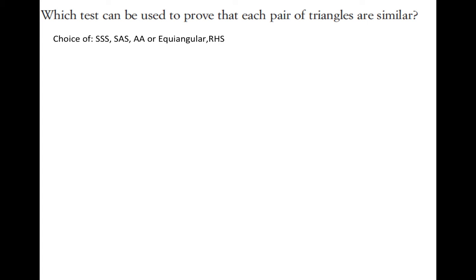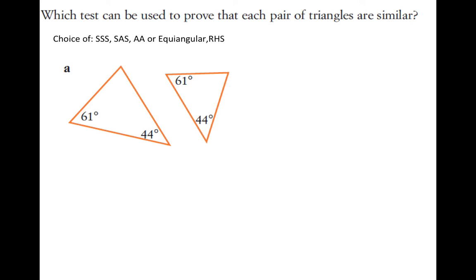When we're looking at which tests can be used to prove that each pair of triangles are similar, this is how you would actually see it in an exam situation or in the textbook as questions. And you have the choices of 4: side, side, side, side angle side, equiangular or two angles the same, or the right angle hypotenuse side. But looking at that, they haven't given us any sides.